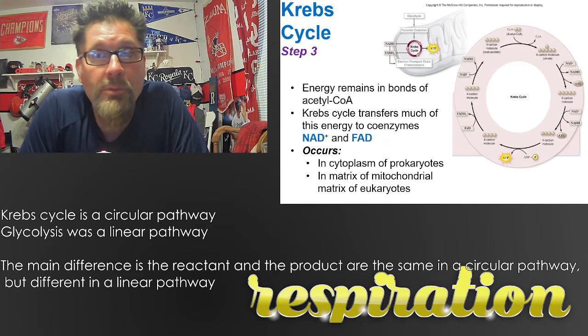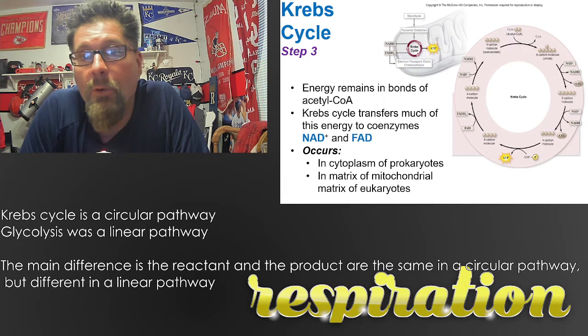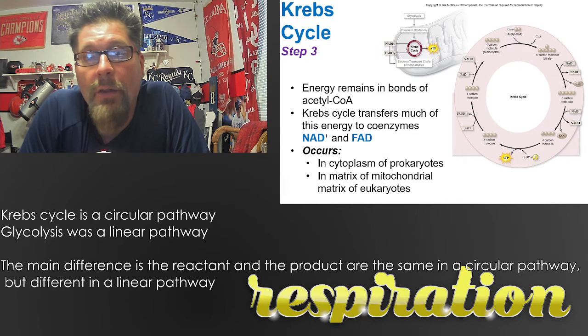In glycolysis, we started with glucose, and we ended up with pyruvate oxidation. But what we're going to see in this process, because it's a circular pathway, is that from an efficiency standpoint, when the process ends and it gets back to the top of the circle, you end up with the same molecule as you started with.